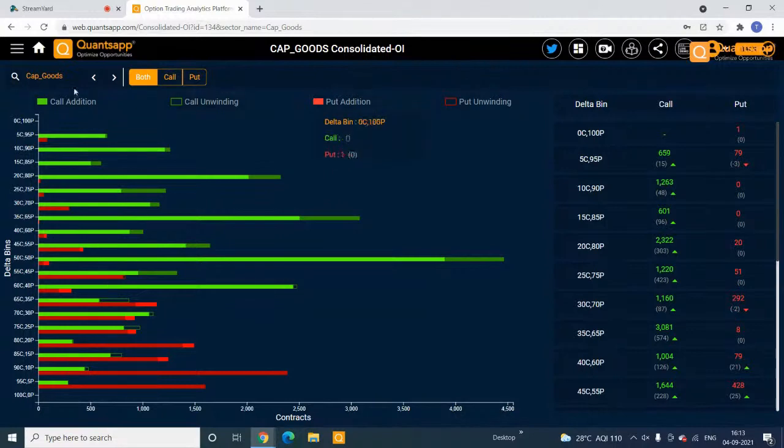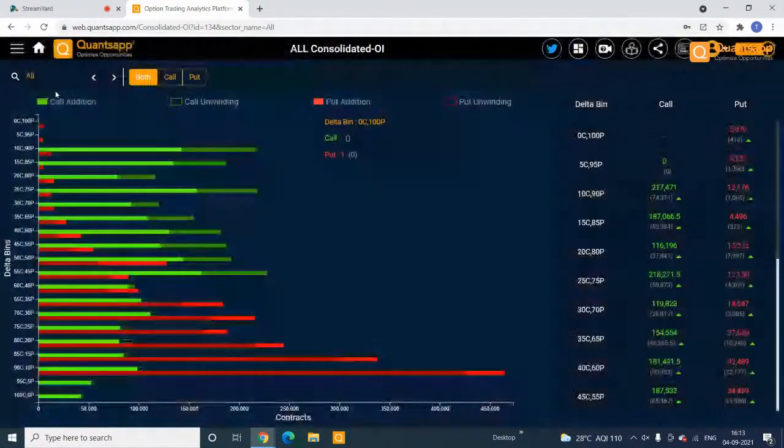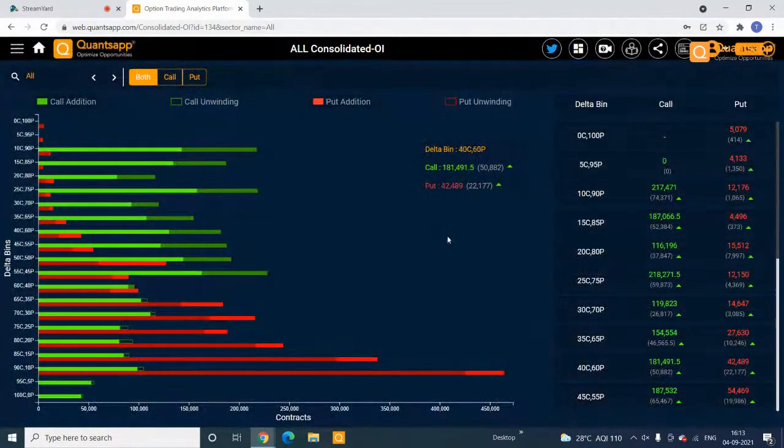When you come across this product, let's get back to our open interest concept. Where is the highest put in terms of contracts? We are seeing that the highest put is at the 10 put.